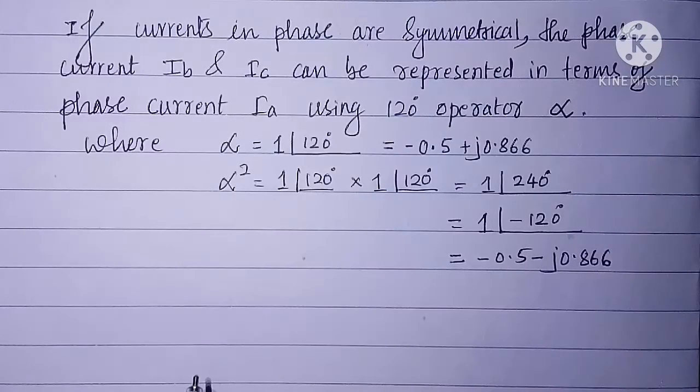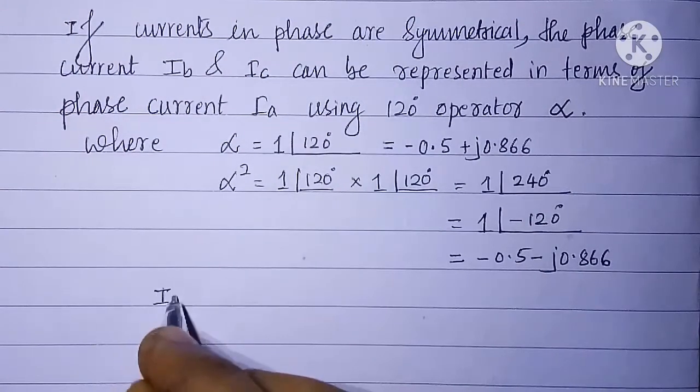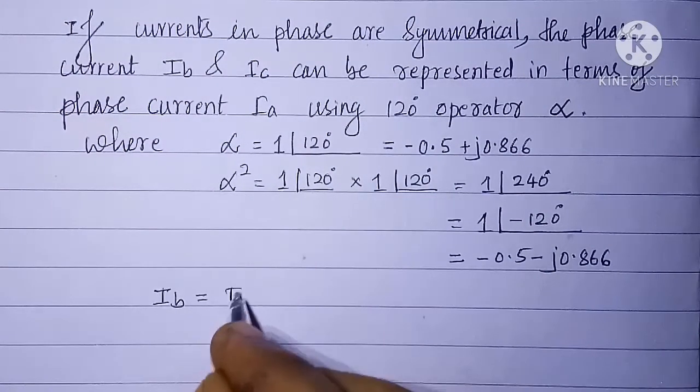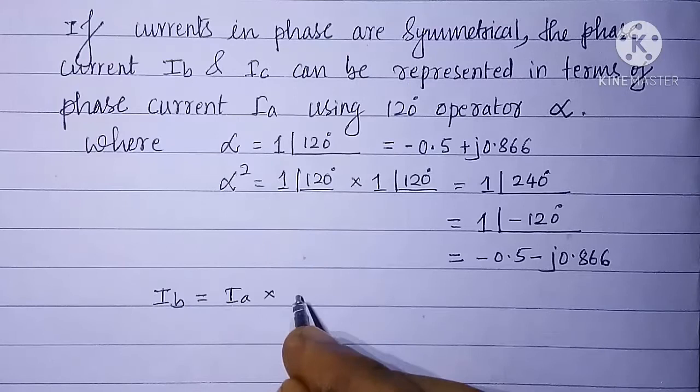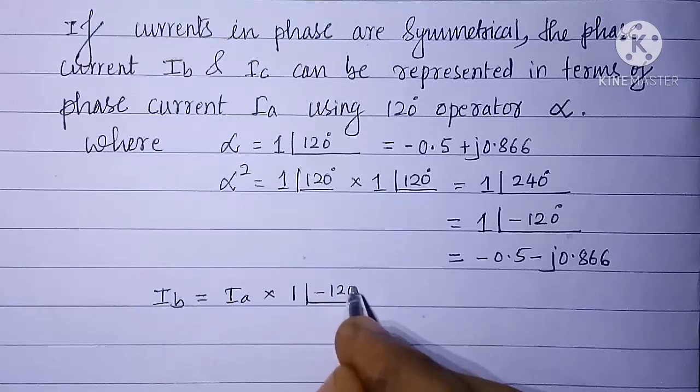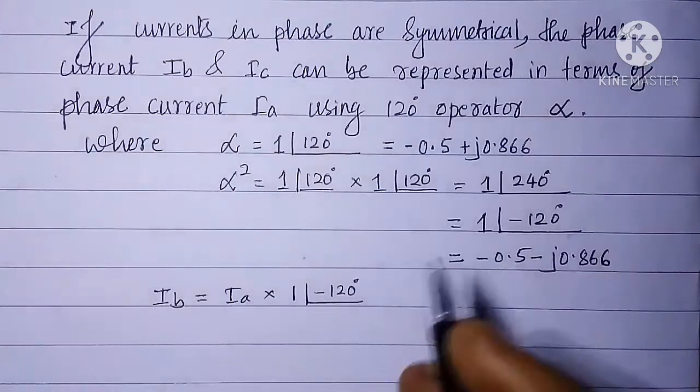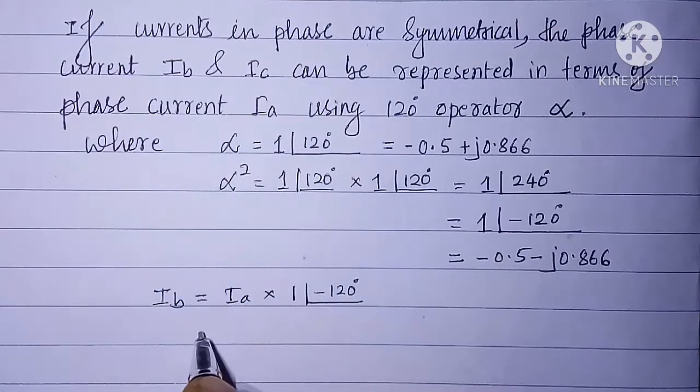Since IB lags IA by 120 degrees, we can write IB as IA into 1 at an angle of minus 120 degrees, that is IA into alpha square.